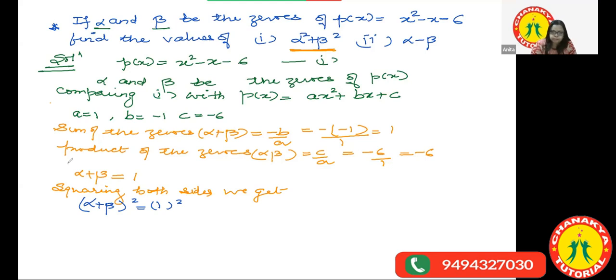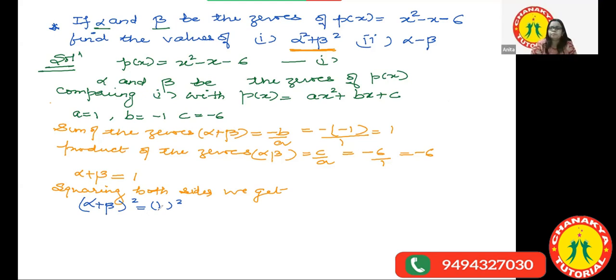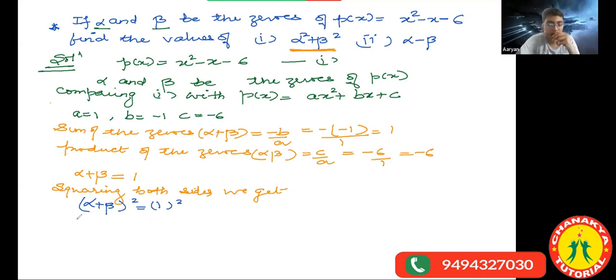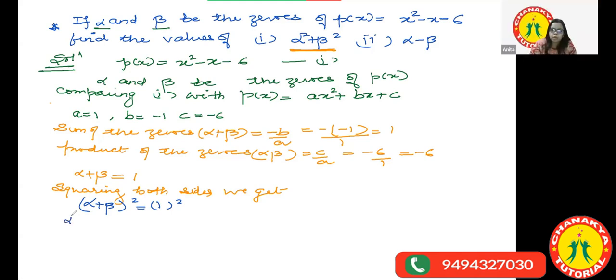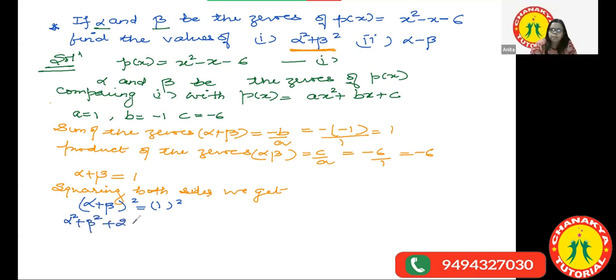Okay, Aryan, yes, ma'am. Aryan, tell me this identity: a plus b whole square. Ma'am, a plus b whole square is a square plus b square plus 2ab, that is, alpha square plus beta square plus 2 alpha beta. Yes, good. Now, on expanding, alpha square plus beta square plus 2 alpha beta is equal to 1 square, which is 1 only.